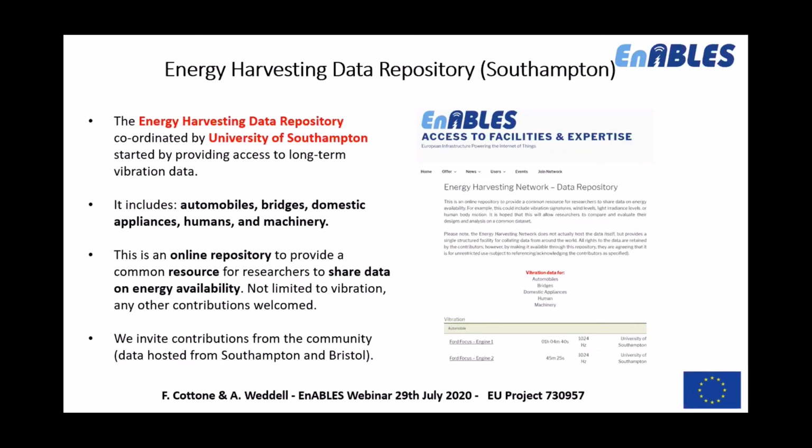So I think the basic motivation is very similar to Perugia's. We want to make data available so that researchers can use it as part of their development of energy harvesting systems. We also invite contributions from the community, although most of the data on the database is from University of Southampton and University of Bristol.